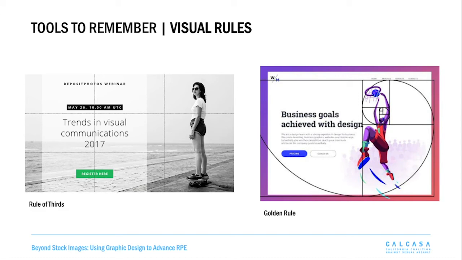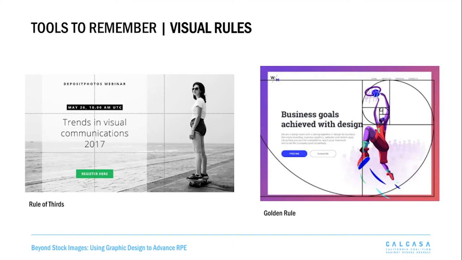A couple of different tools to remember that can also help you create that balance in your design are the rule of thirds. So that's the one on the left. We often see this in the cameras on our phones where we have that grid that splits the screen into thirds.